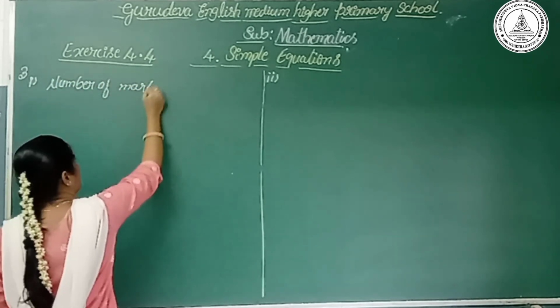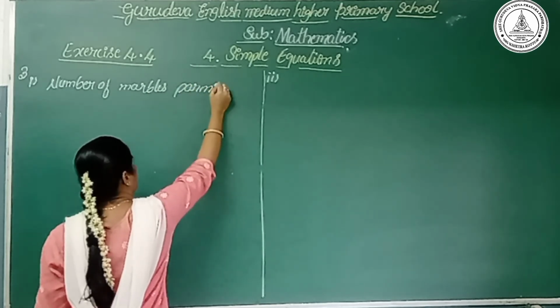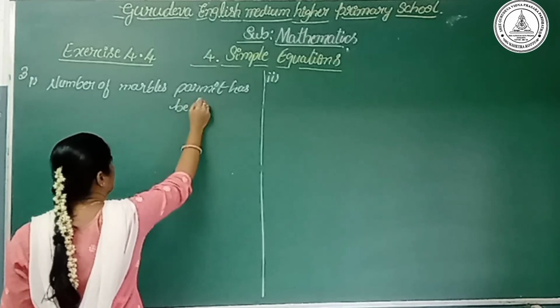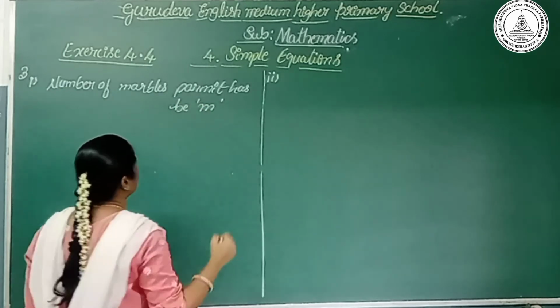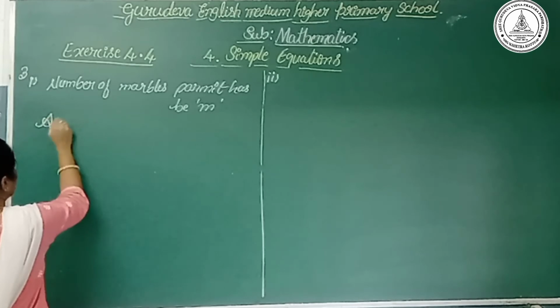Let the marbles Permit has be m. Okay, then according to the equation, what will we get?